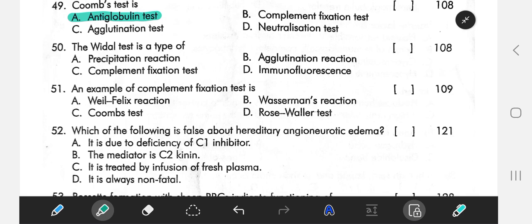Question number 50. The Widal test is a type of option A. Precipitation reaction, B. Agglutination reaction, C. Complement fixation reaction, D. Immunofluorescence. Answer will be B. Agglutination reaction.